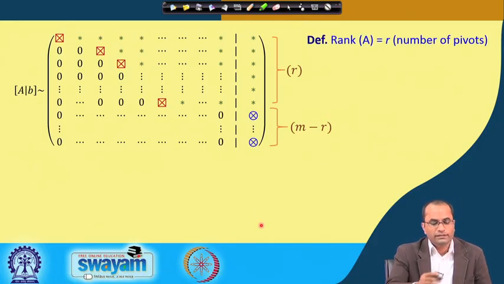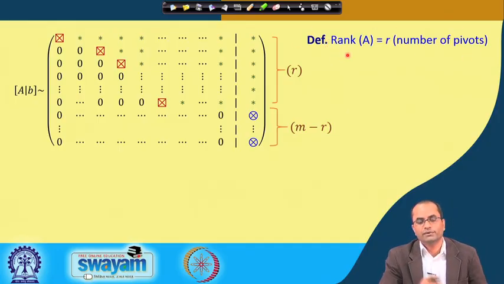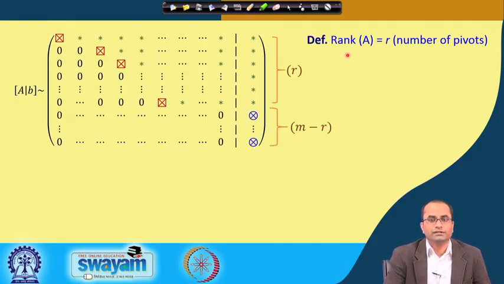Having this, let me introduce one definition, though we will be talking more about rank later, because this is not the only definition for rank. There are many other definitions, but this is one of them: the rank of a matrix is defined as the number of pivots.